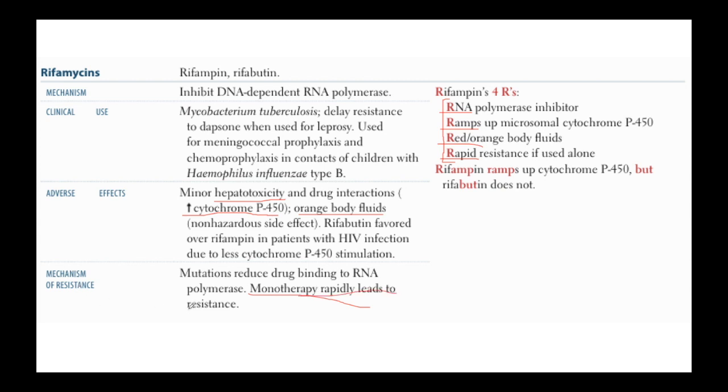Monotherapy leads to resistance, which is why we want to use this in combination with other medications for TB treatment. Also note that rifabutin does not ramp up the cytochrome P450 system as much, so it's favored in patients with HIV infection.